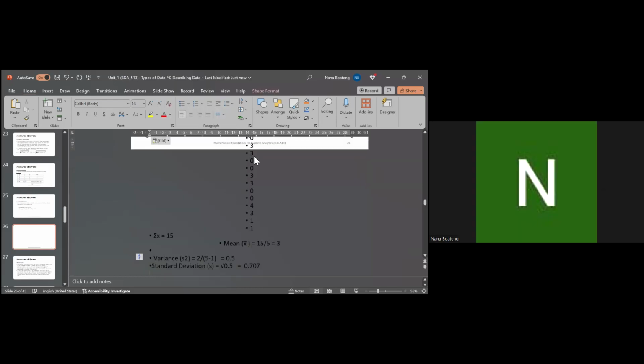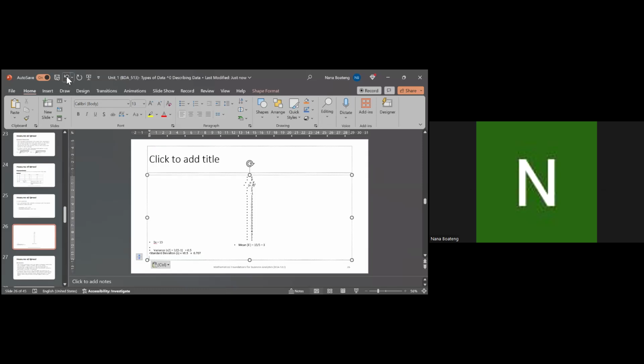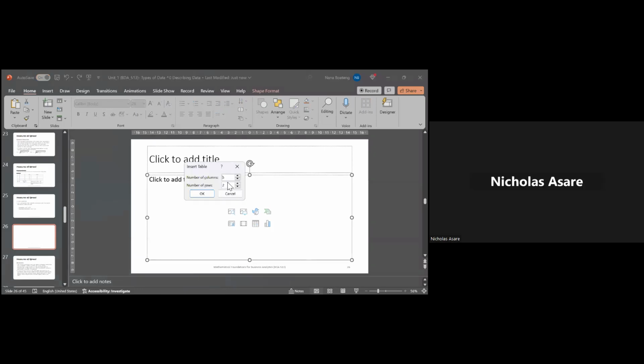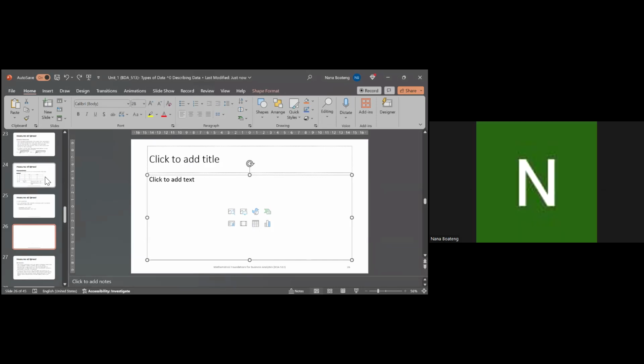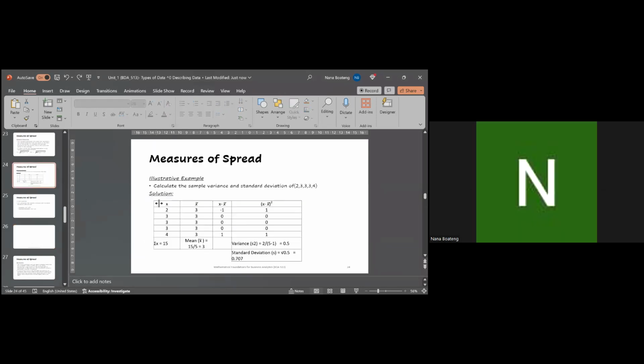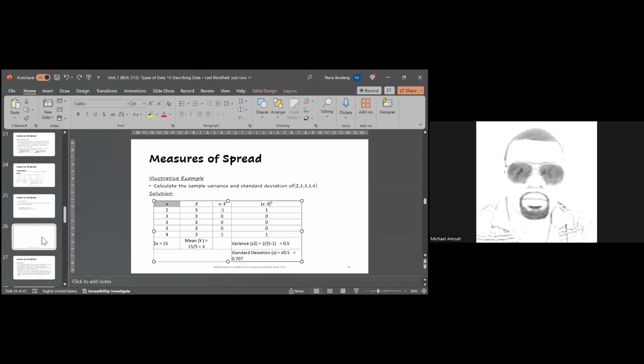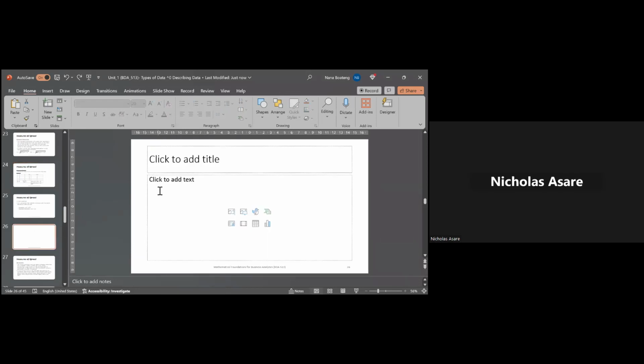Probably I need to create the tables here. You can copy the whole table instead of copying the text. I'm trying to copy it and it's not working. I'll just make a duplicate of the slide.